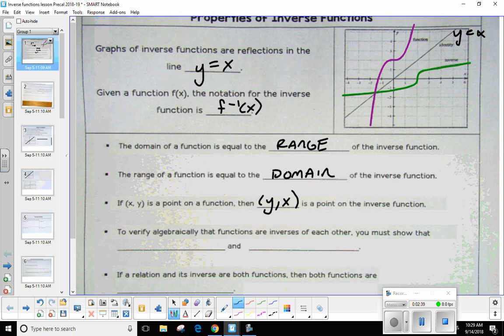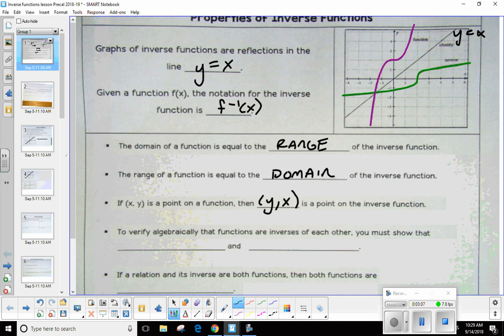So whatever a function does as far as an operation goes, the inverse will undo that. It's going to have the opposite operation. So for example, if a function adds 3, then the inverse should in some way be subtracting 3. All right. If a function is dividing by 2, well, then the inverse should be multiplying by 2. It's always going to undo what the original does operation-wise.